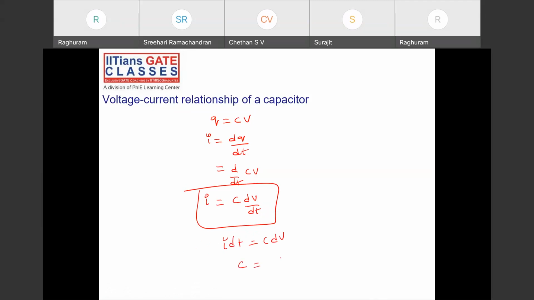Or C is equal to 1 by V integral I dt. So from this you can see that whenever there is a change in voltage, there is a current. Or the current flowing through the capacitor opposes any change in voltage.